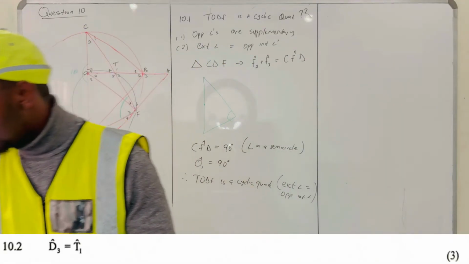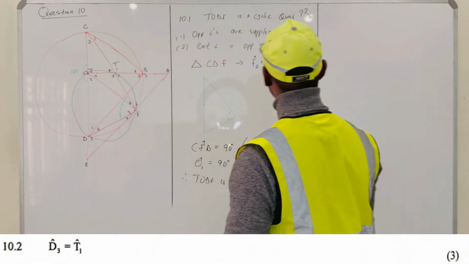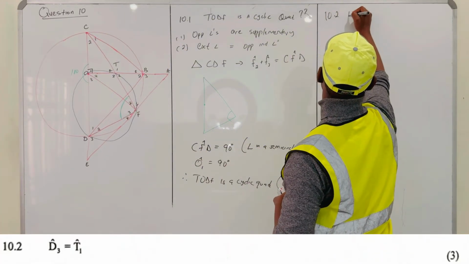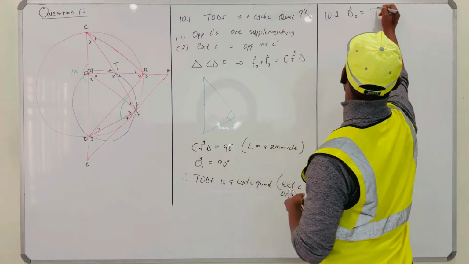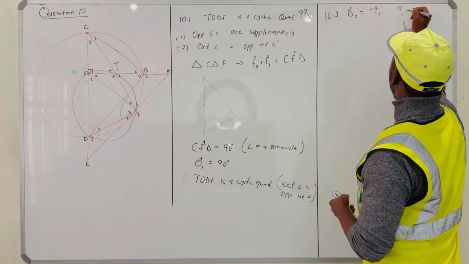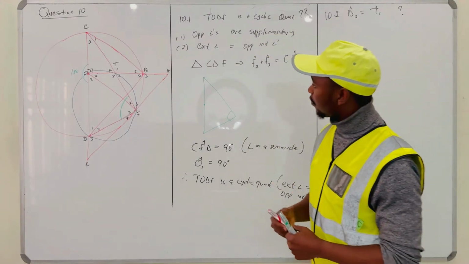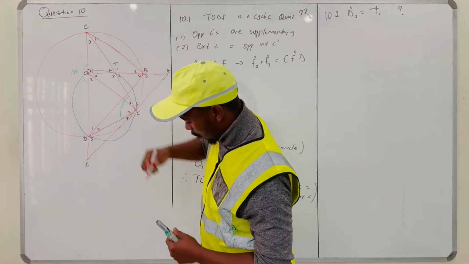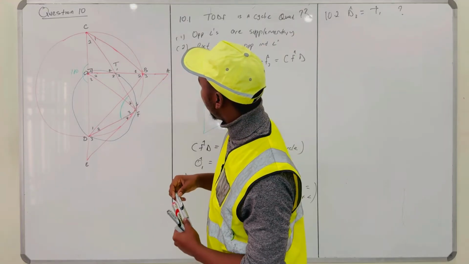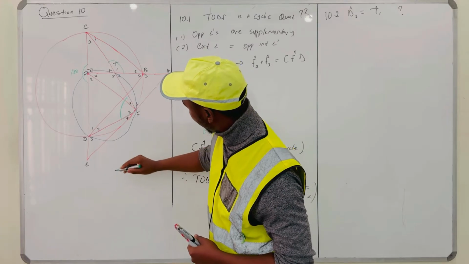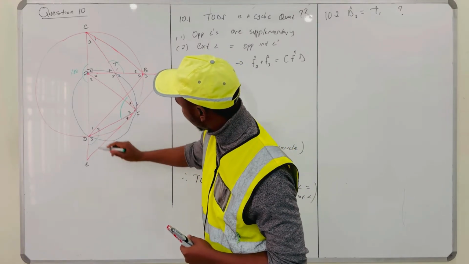Okay, 10.2, prove that D3 is equal to T1. Where is D3 and where is T1? Okay. We see T1 is at this point. And D3 is this one here.